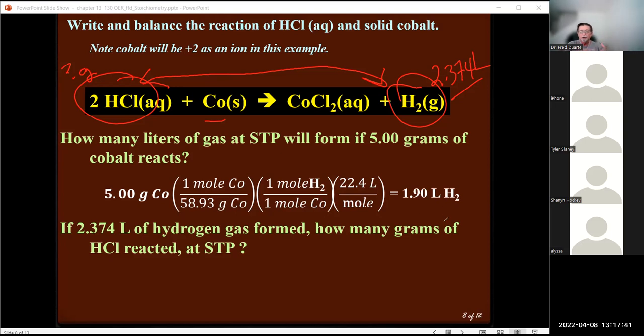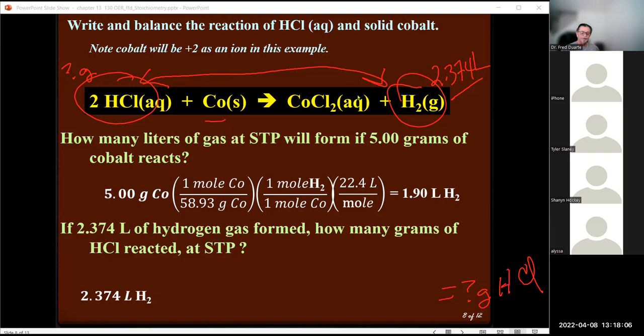I mark up the equation so I know where I'm going. Write down what I'm given. And eventually I want to get to grams of hydrochloric acid. So that helps me with my mapping of my units to make sure I'm going the right direction.